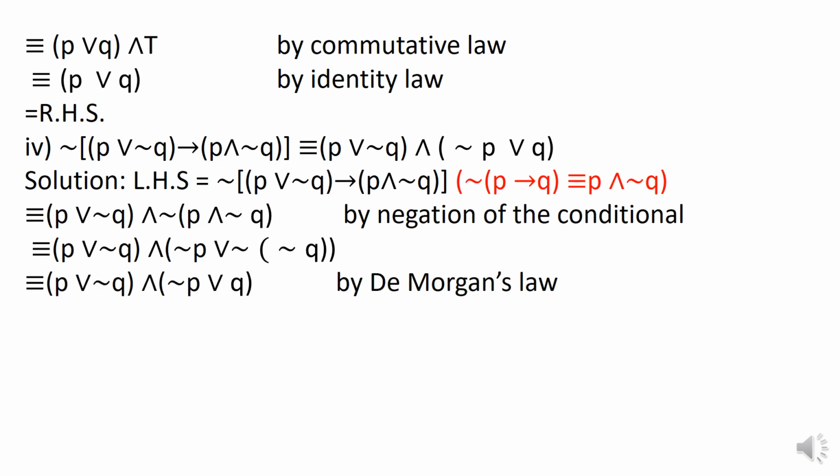Thus we get the next statement, that is, the first bracket remains as it is, P or not Q and not P or Q. Now this is by De Morgan's law, combined both the last statement and this statement. Both of them are by De Morgan's law. Thus it is same as RHS now.